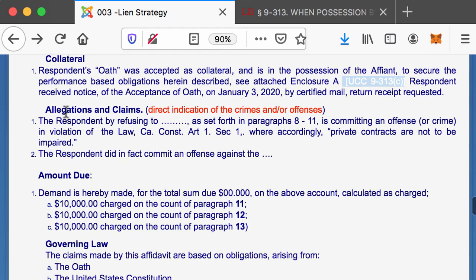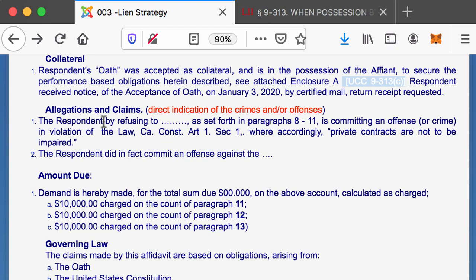And these allegations and the claims are direct indications of how such behavior or activity was a crime, violation, offense, or how it violated your rights. So that's what's going to be spelled out. These are your claims.